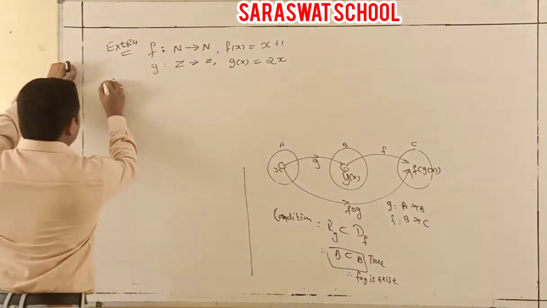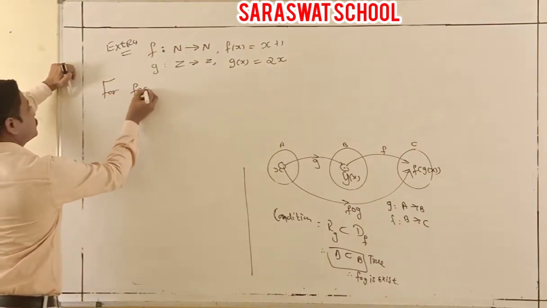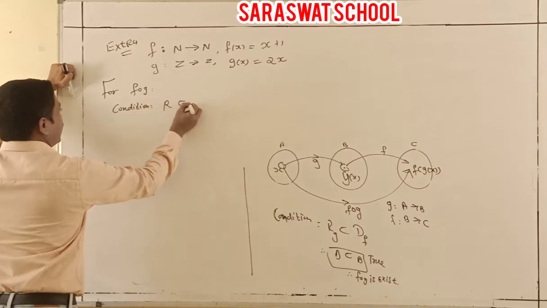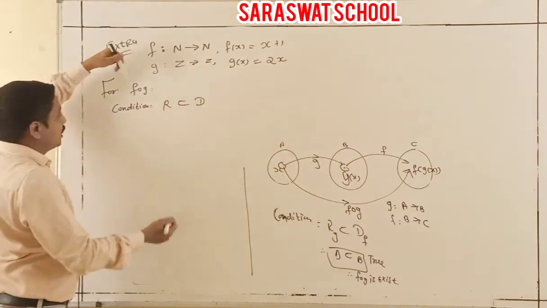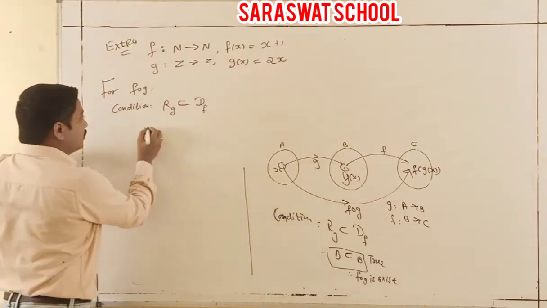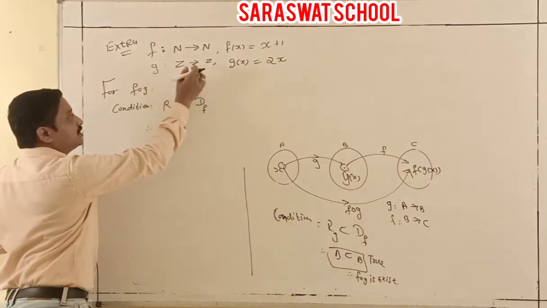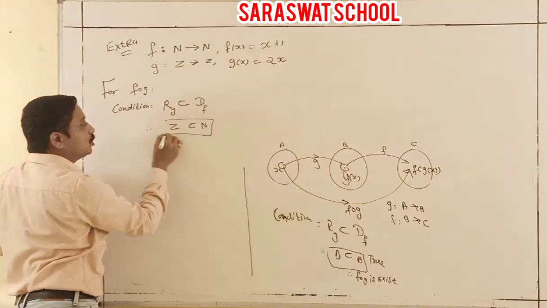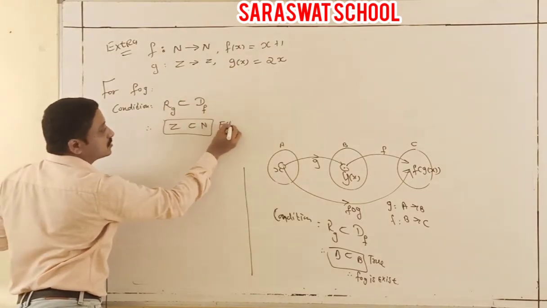So first of all, I check f of g. What is the condition? Yes, the condition is range subset domain. Range of g, domain of f. What is the range of g? The range of g is Z. Domain of f is N. Is it true? It is false.